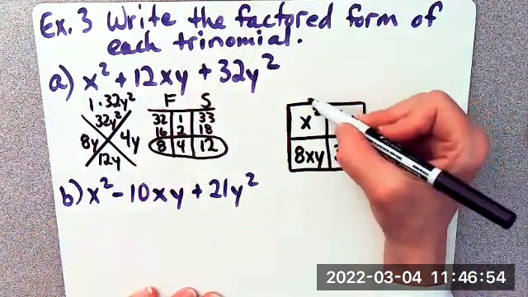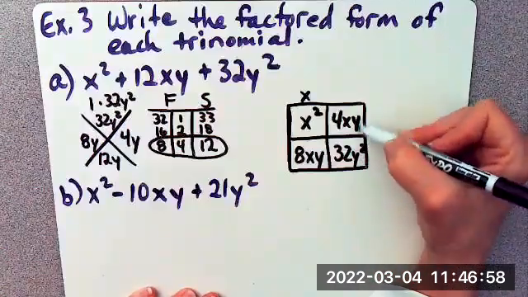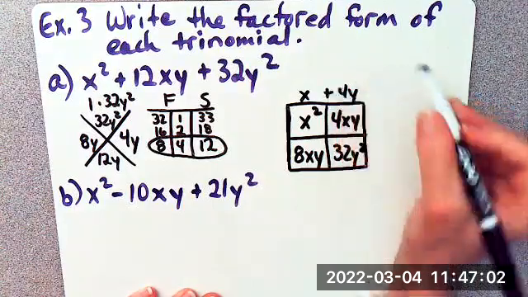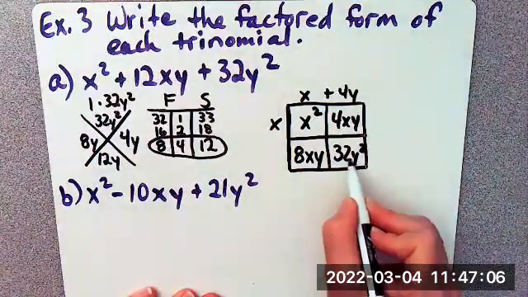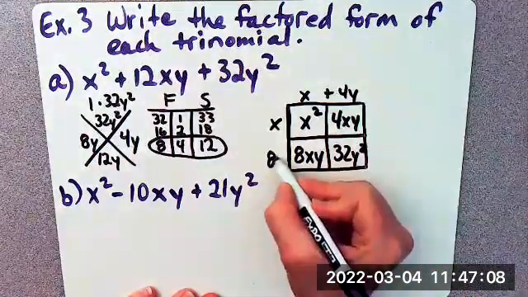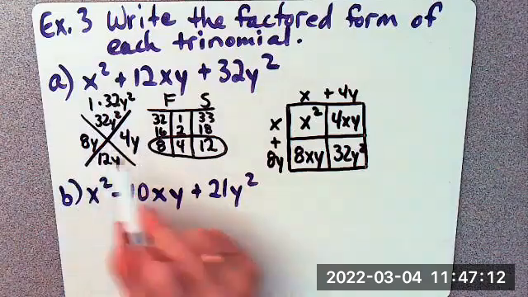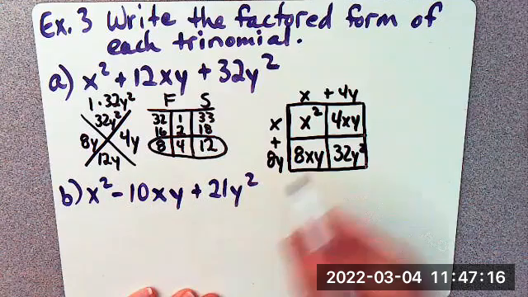All right, so we look for our common factors. Our common factor here is x. Our common factor here is 4y. The common factor here is x, and the common factor here is 8y. Again, we can see what those two will be from these parts of the diagonals.